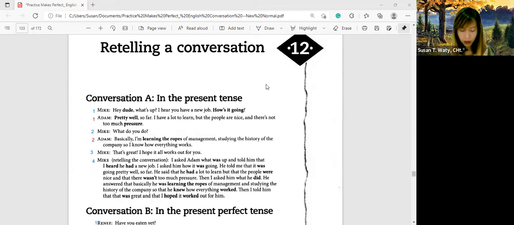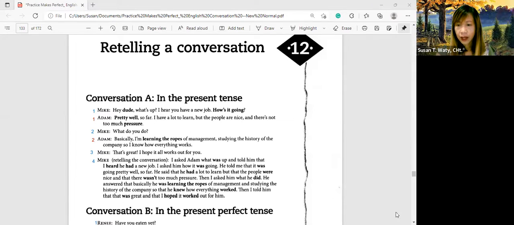We're still continuing chapter 12 about retelling a conversation. Jadi minggu ini kita tetap melanjutkan pelajaran dari minggu lalu ya, bab 12, bagaimana kita menceritakan kembali suatu percakapan.